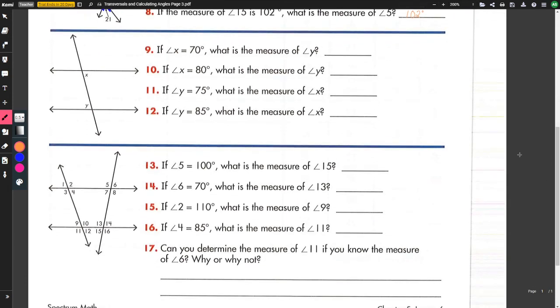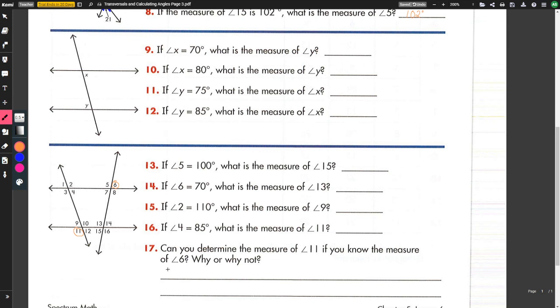For 13, 14, and 15, 16, you're going to use the same logic we used above in the first two sections. Number 17 is asking a very interesting question. Can you determine the measure of angle 11 if you know the measure of angle 6? Why or why not? Here's angle 11, and here's angle 6. They are both on the parallel lines. However, they have different transversals, which means different angles.